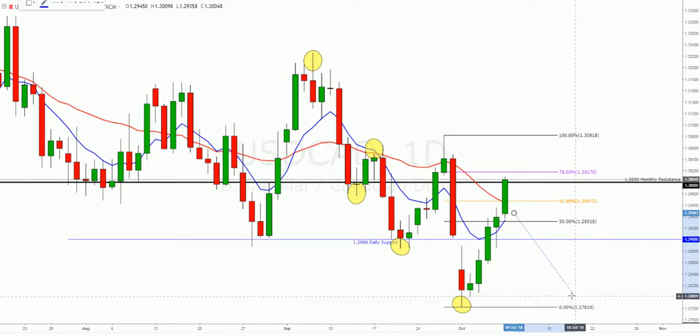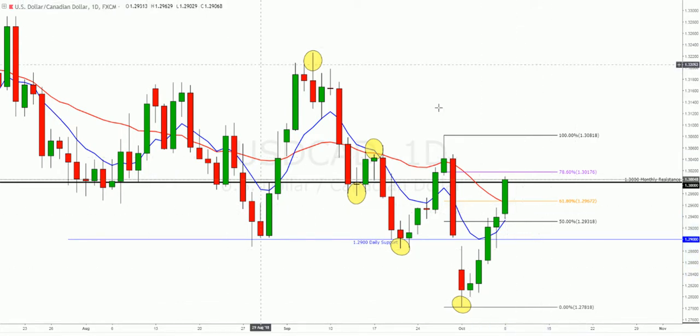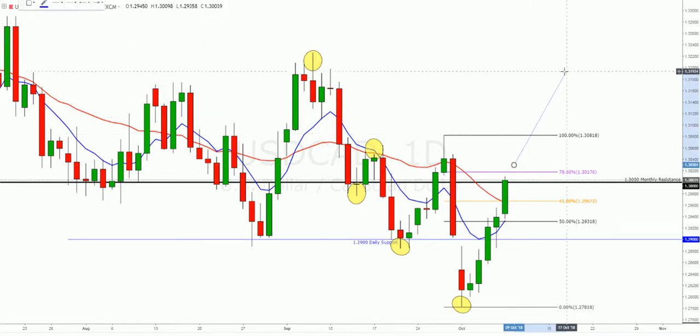So I'll be looking for shorts back down towards 1.28, or alternatively, should we manage to break through this 78.6 and close above, then we are looking to take longs towards previous highs up here and potentially 1.35, which we do have as a major resistance level.